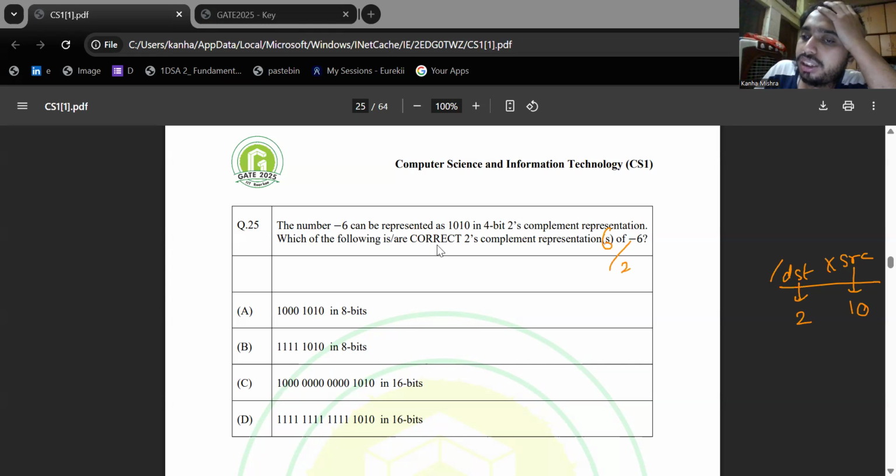If I start writing it, 6 divided by 2 is 3, divided by 2 is 1, and 1 divided by 2 comes out to be 0. So divided by destination and into source.